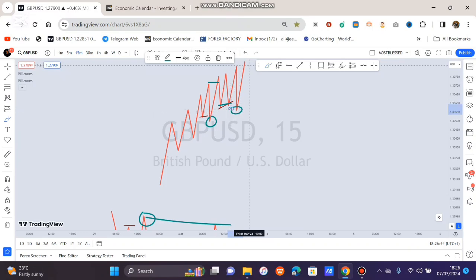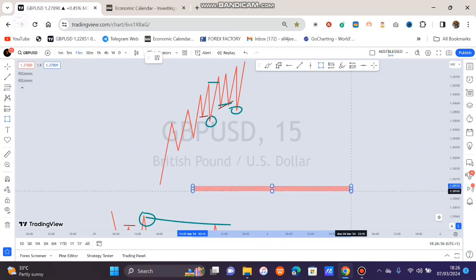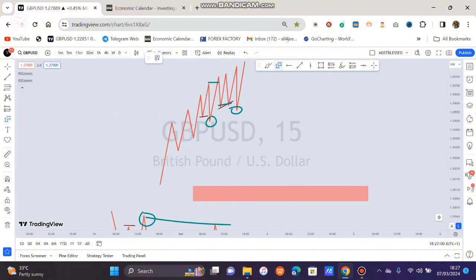The second kind of trap leg we have is when market is close to a POI, point of interest. Say market wanted to buy from here. Market can give us fake legs.